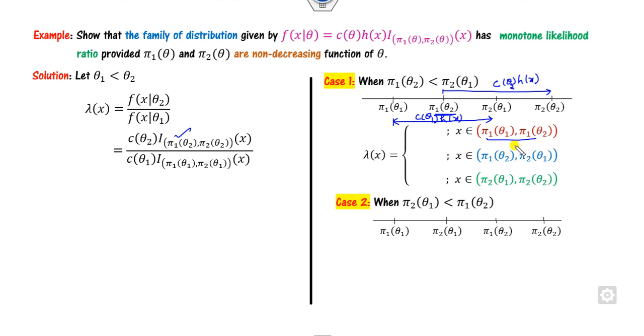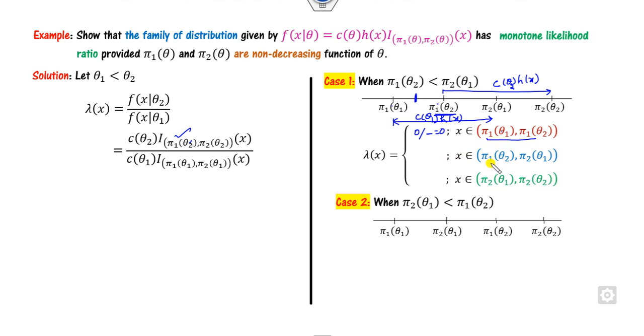This is my theta 2. So now whenever x lies between pi 1 to pi 2, this numerator part will be 0 and the denominator part will be here. So I can write it as 0, because 0 divided by something is always 0. So the first part is 0.